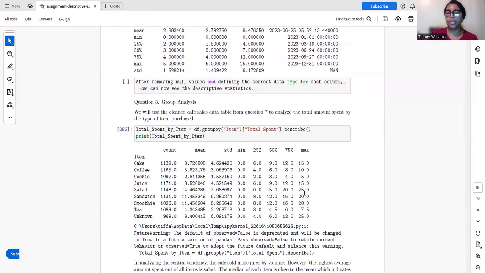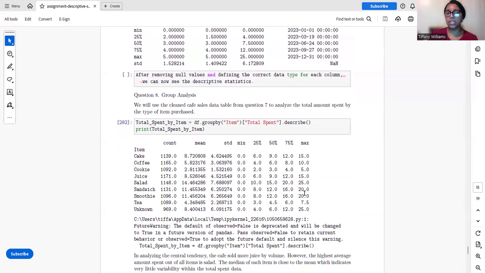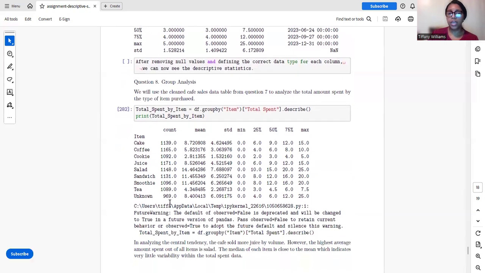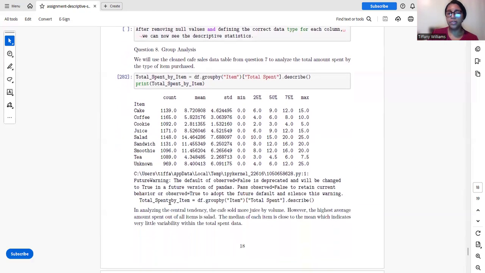We get the descriptive statistics here. As we can see, the cafe sold more juice based on just the volume. But if we look at the mean of the total spent, the average spent, the most was spent on salads.